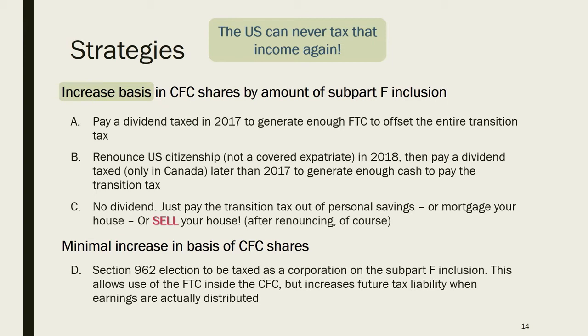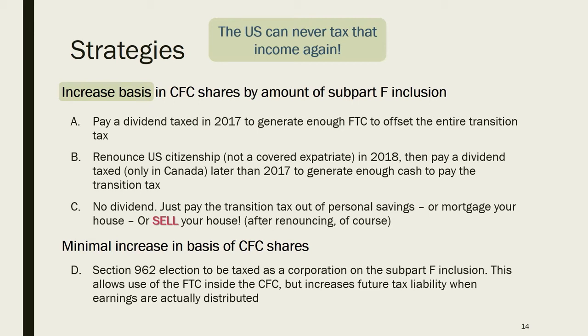We need to be careful that we're generating foreign tax credit in the same basket, because foreign tax credit has, for most individuals, two baskets, general and passive. So we want to make sure we're generating our foreign tax credit in the right basket to offset the transition tax. So that's alternative A.